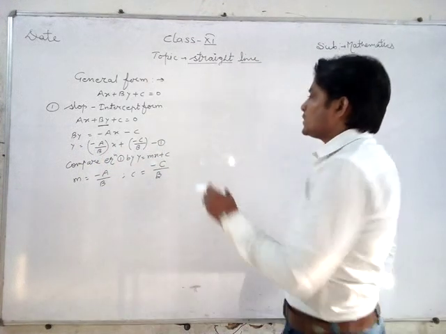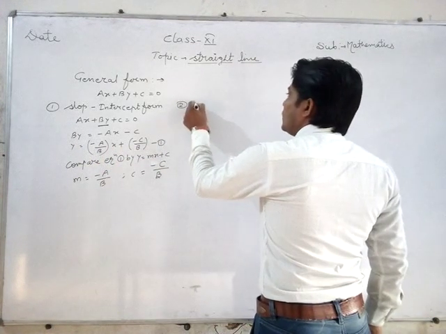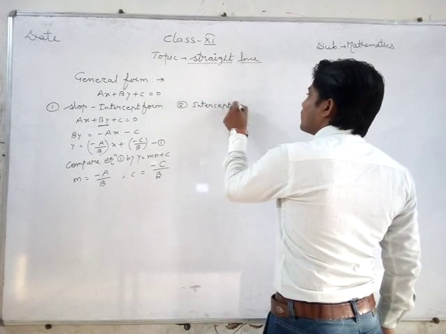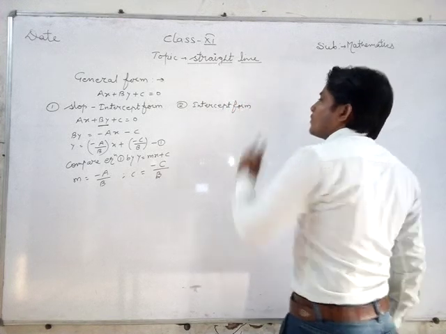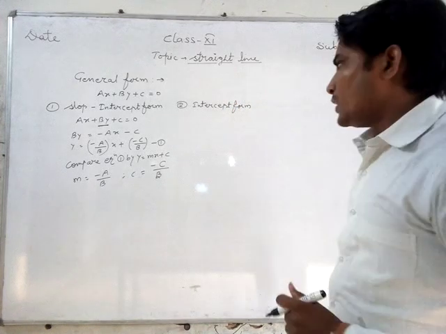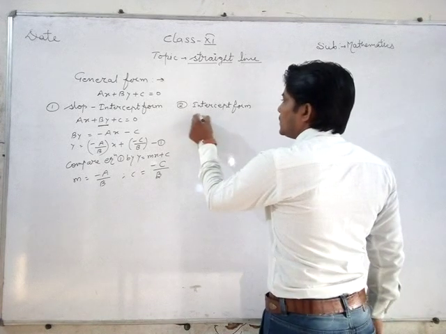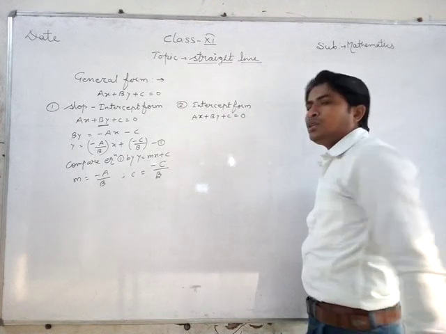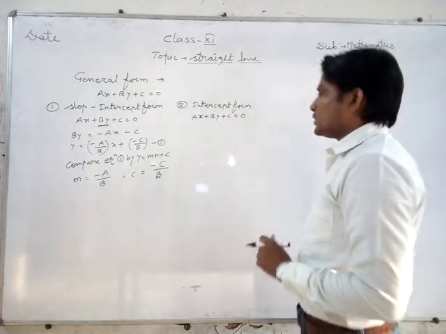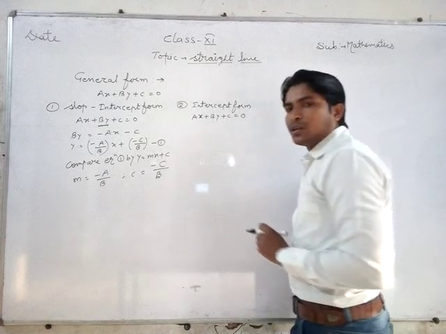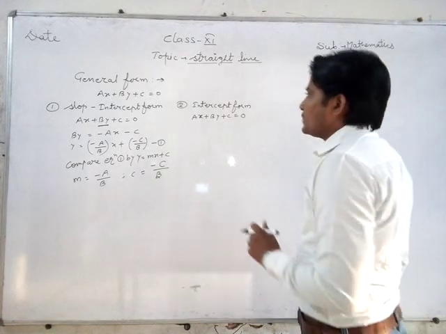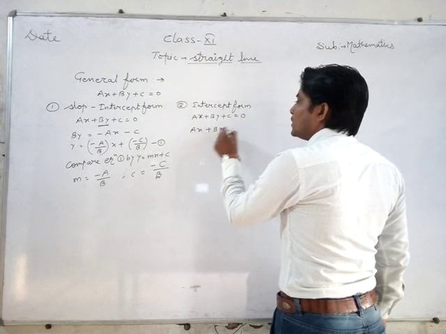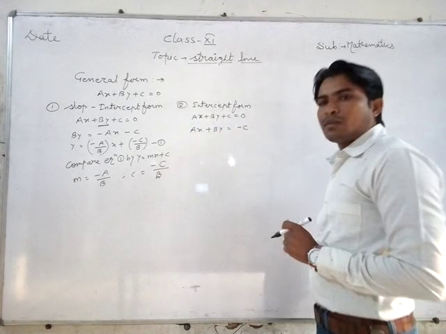Now the second form is the intercept form. Suppose the equation is given to you, ax plus by plus c equal to 0. Before converting to the intercept form, first we transfer c to the right side, so it becomes minus c.